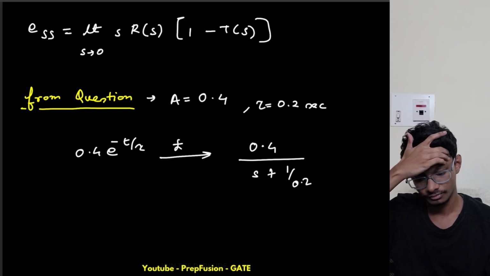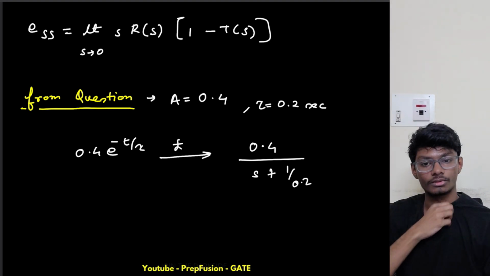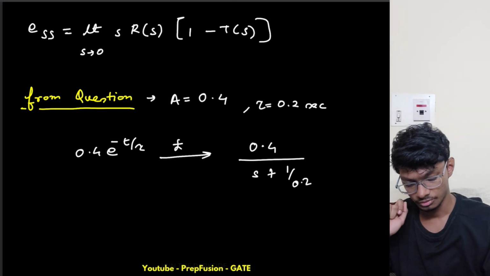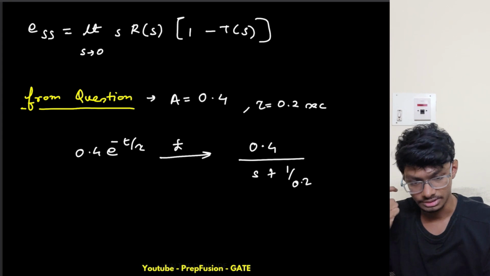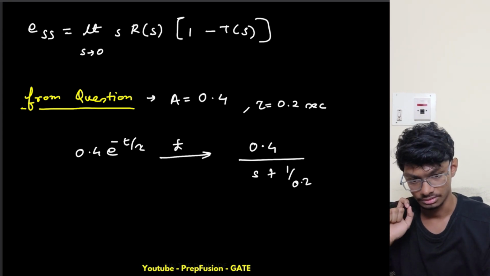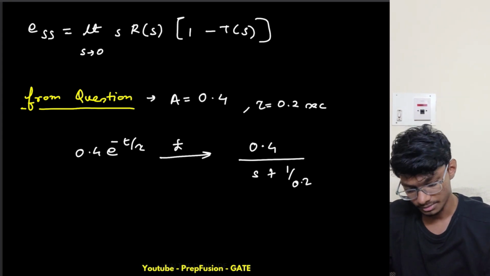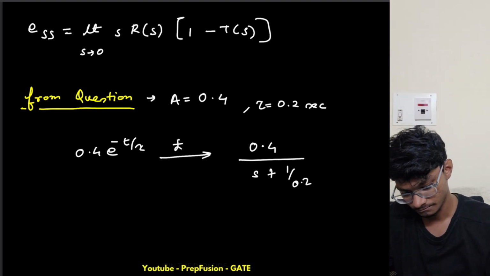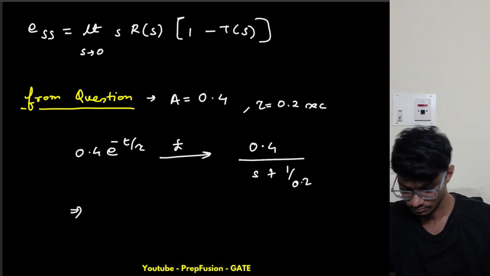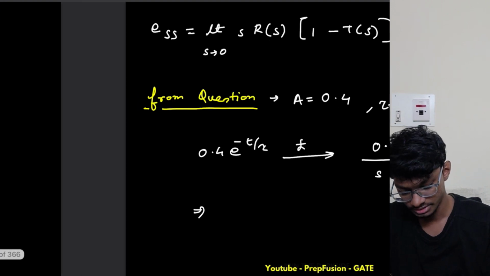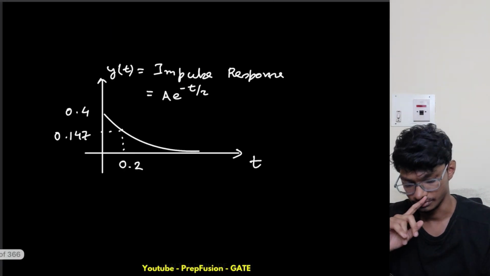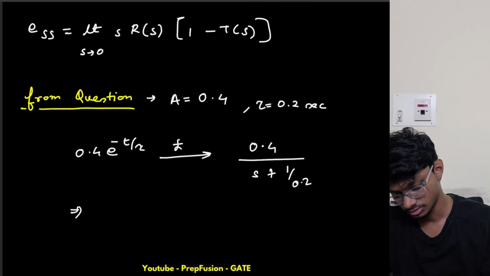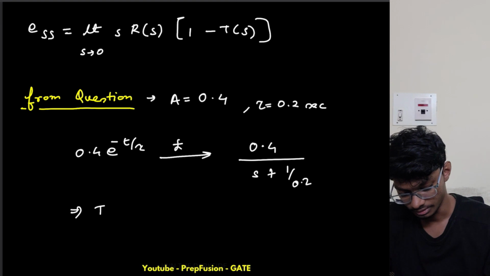Now put this value of the transfer function up here, and then you find the steady state error. My R of s is 3 times u of t, and this is my transfer function, 0.4 upon s plus 0.2.